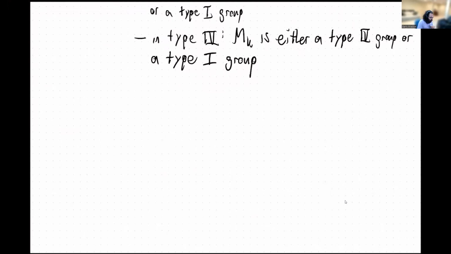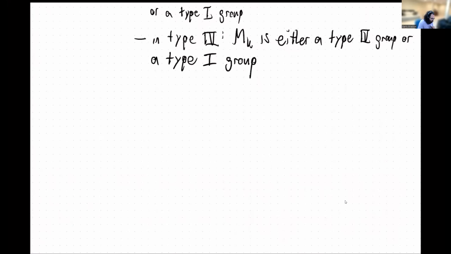Okay, so to understand the constraints that magnetic space group symmetries place on electronic bands in these space groups, we need to understand how to represent anti-unitary symmetries acting on our Bloch states. So let's consider a time reversing operation.